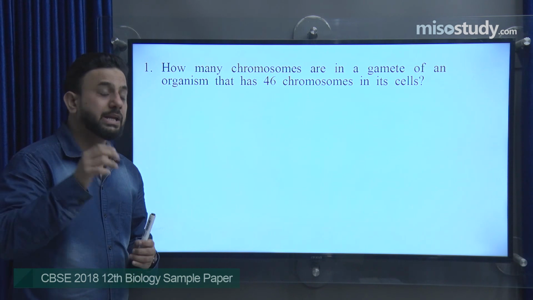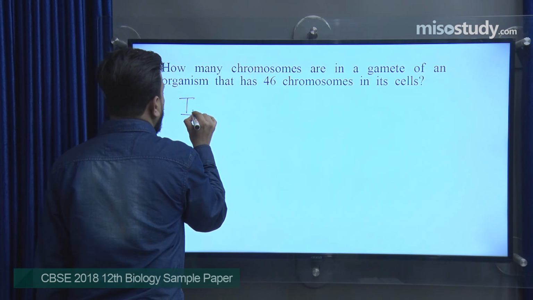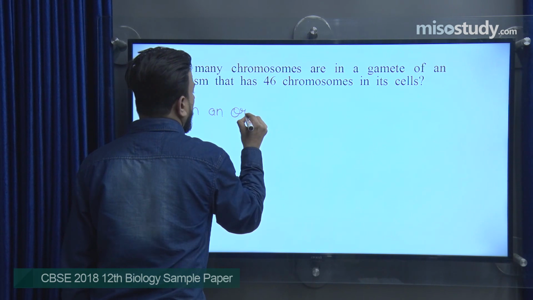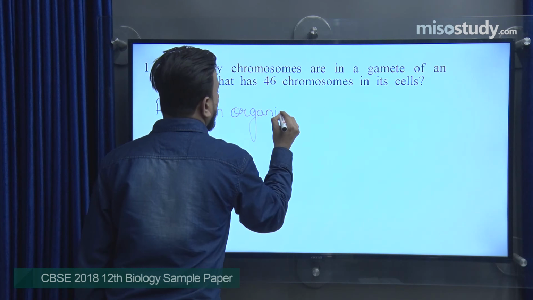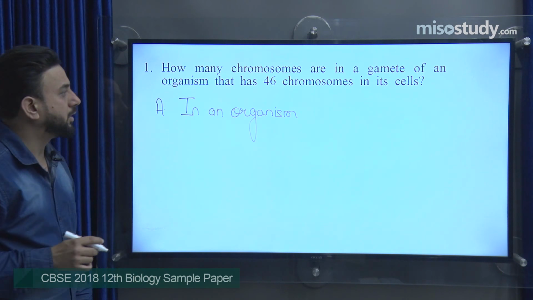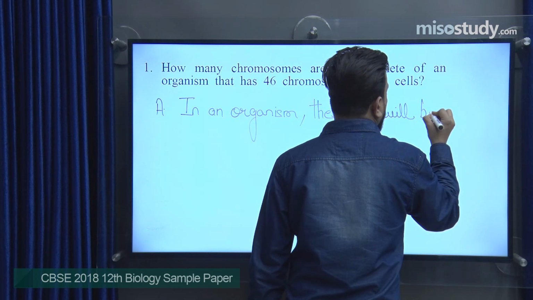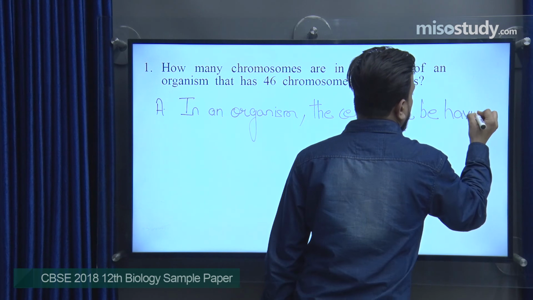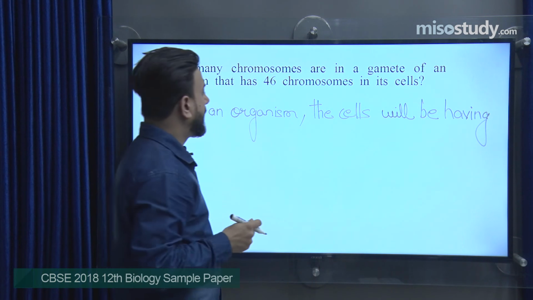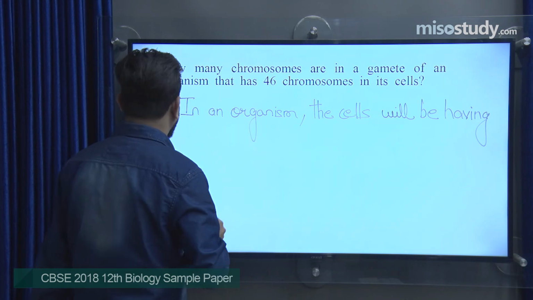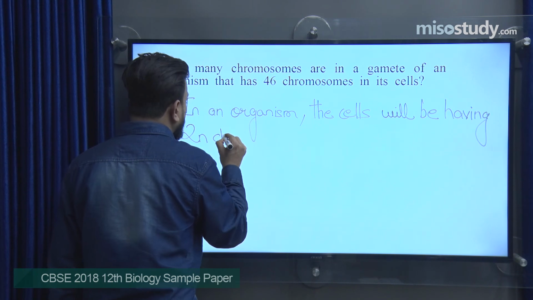So the answer, I'll write it as: in an organism, the cells will be having 2n chromosomes.